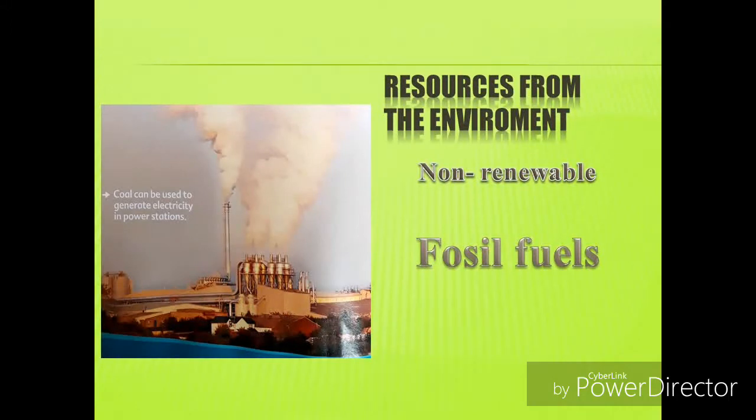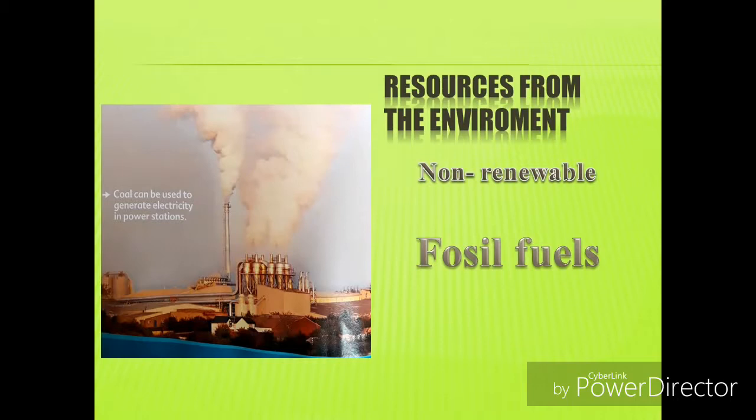In this group, we can find the fossil fuels, and they are formed from dead organisms which are buried under the layers of the earth for thousands of years. And some examples of this kind of fuels are coal, oil, and natural gas.